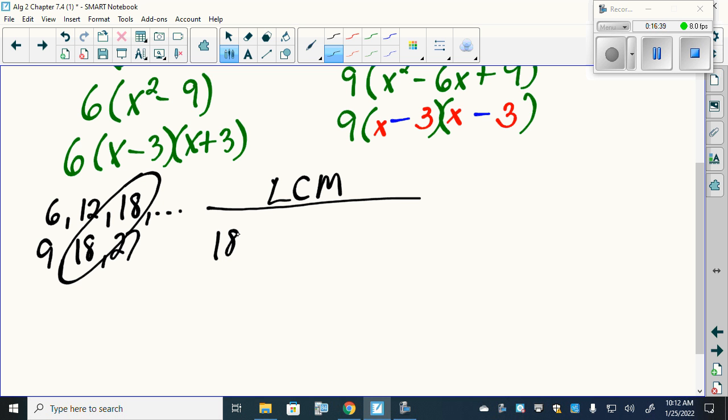Then what can we say next? So we're looking at these two here, yes? So I know I need an x minus 3 at least once, yes? How many times do I need it?